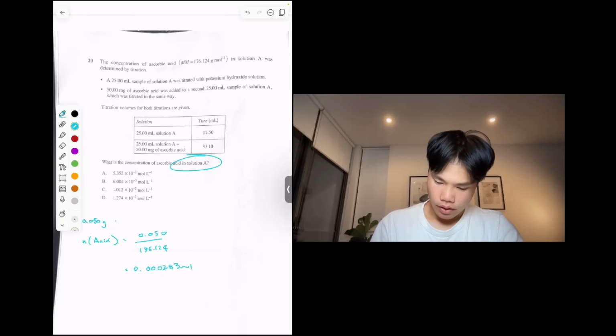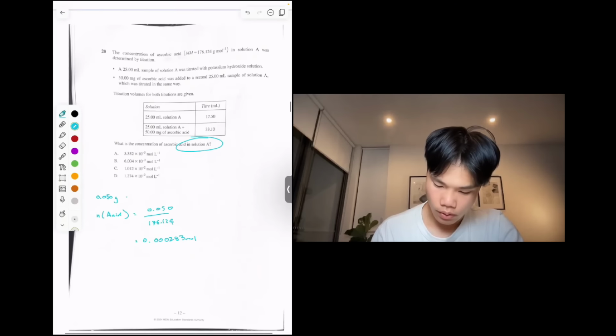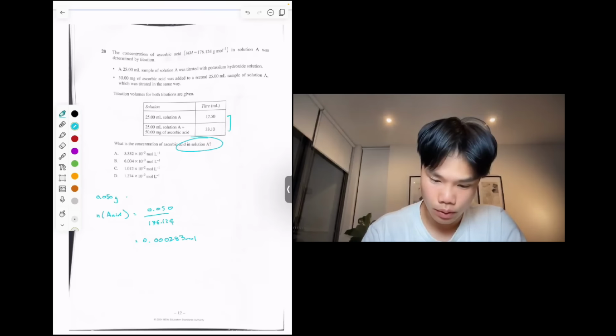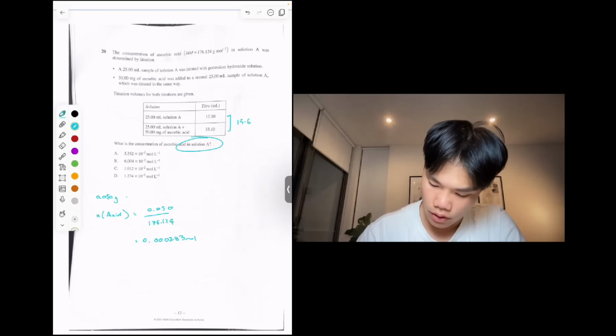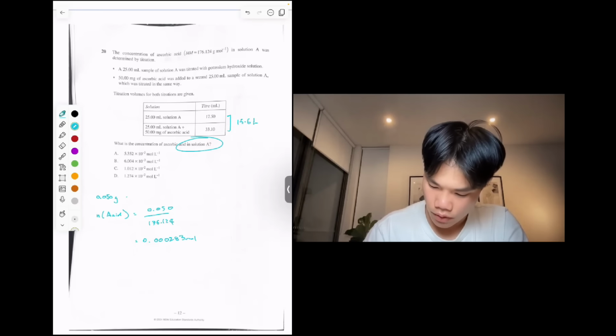So that means that the volume of titrant required to neutralize this was the difference between those two numbers. So 33.10 minus 17.5, 15.6 milliliters of the titrant was required.